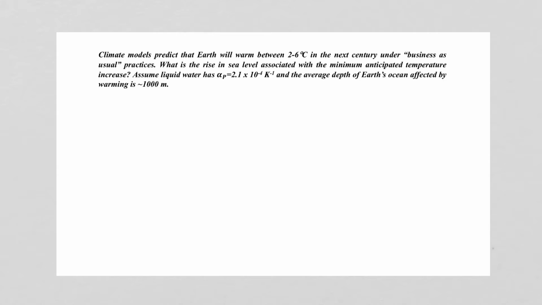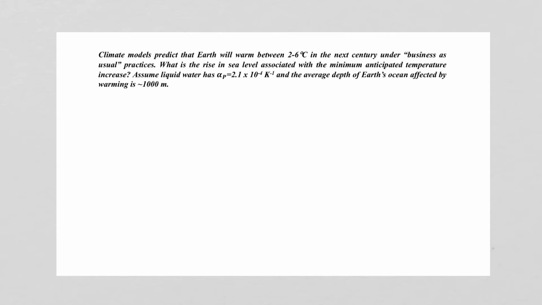So we have some information here to help us out. We've been given alpha P for water of 2.1 times 10 to the minus 4 per Kelvin. You can go back and look at that expression for alpha P and satisfy yourself that your units should come out to an inverse temperature.